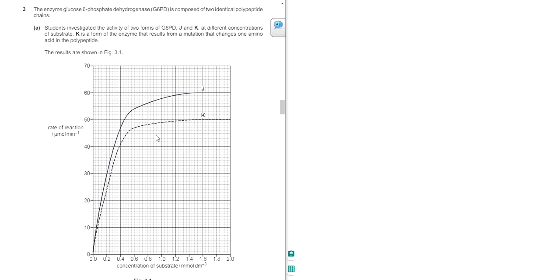We can see in this graph that with changing substrate concentration, the rate of reaction will change for a constant enzyme concentration.